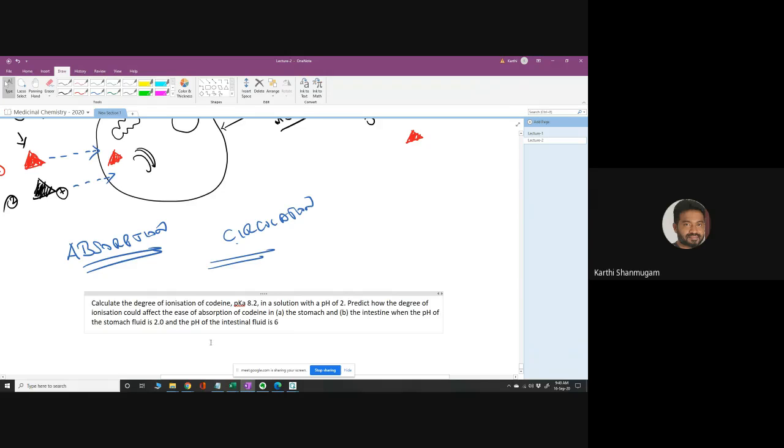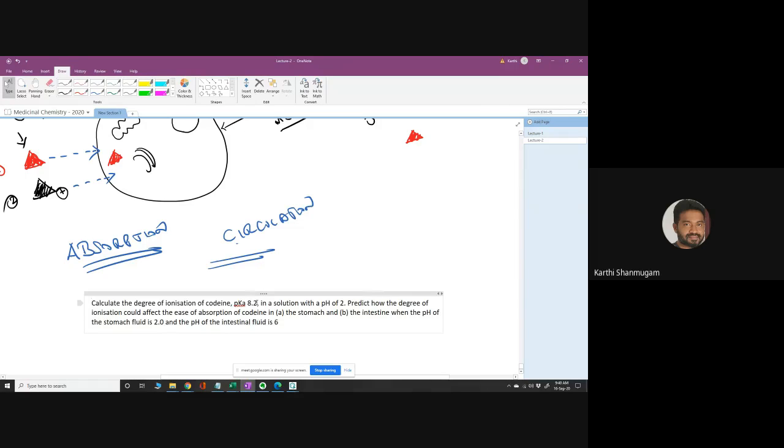What you have to do is very simple. You draw the structure of codeine first. You can use Marvin Sketch or go to Google to draw the structure. The pKa of codeine is given as 8.2. You have to look into the various functional groups present and identify which functional group may have a pKa value of approximately 8.2.